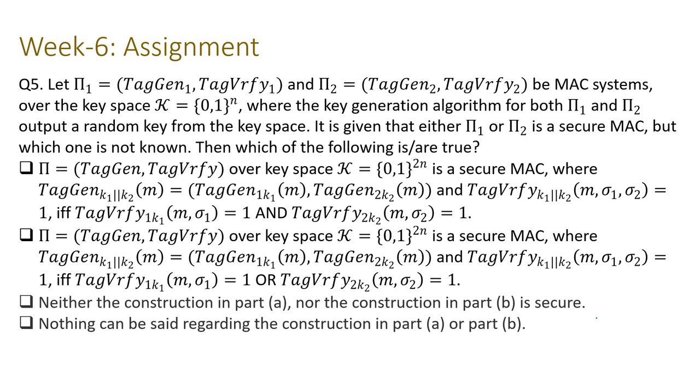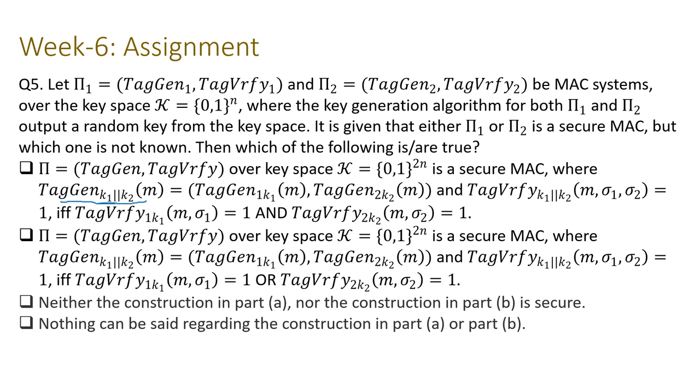The first statement says that if you define another MAC scheme pi over a key space of 2n-bit binary strings, and you define the tag generation algorithm like this, Tag Gen with key k1 concatenated with k2, here.